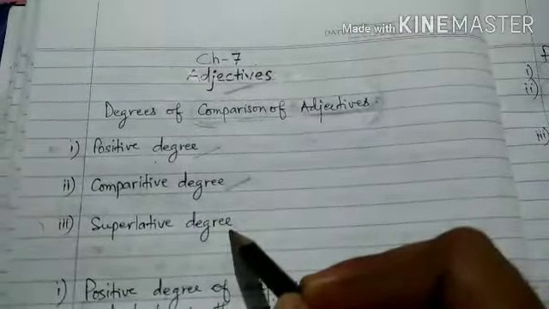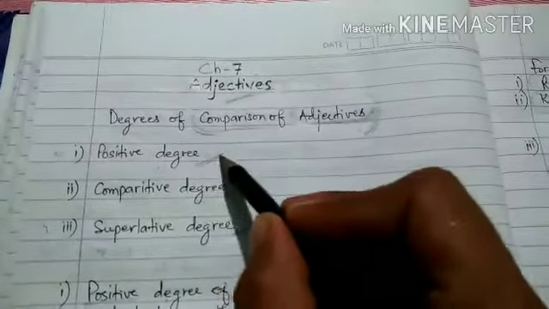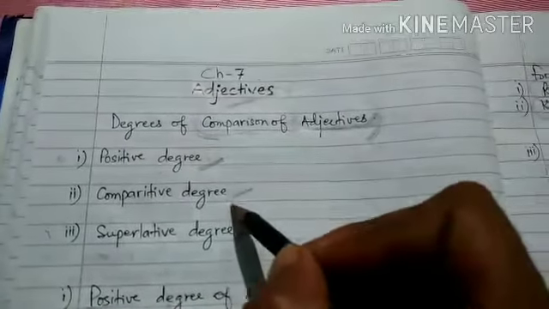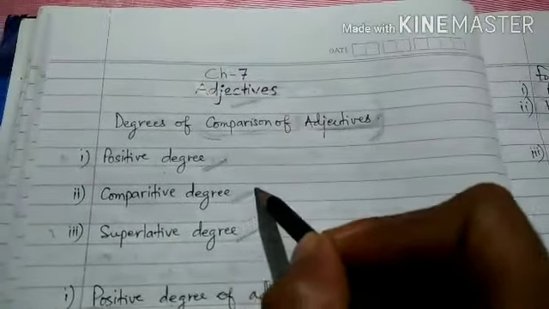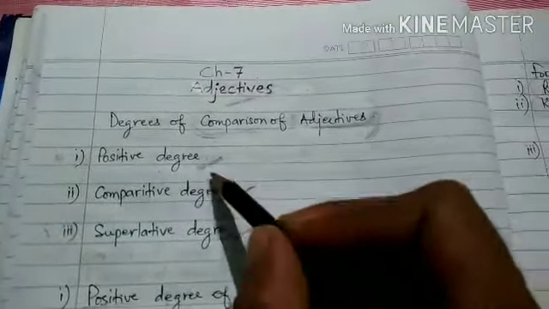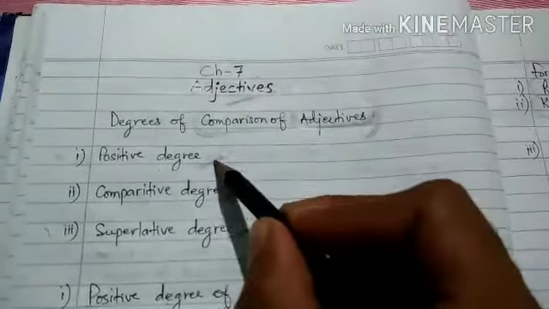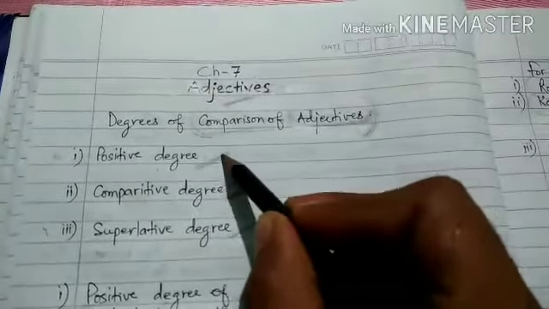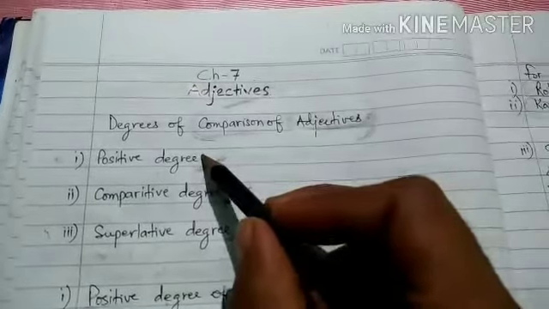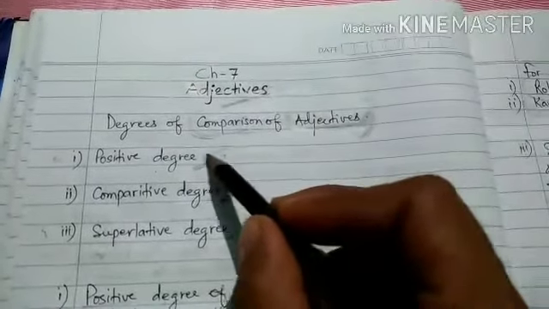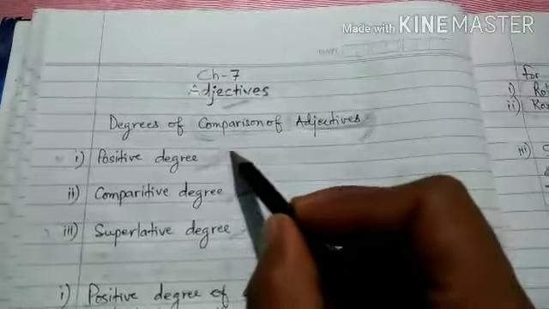So these 3 degrees depend upon how we are comparing a noun with another noun or a pronoun with another pronoun. That we will understand in this chapter. How do we compare a noun or a group of nouns or a pronoun with another noun or pronoun?